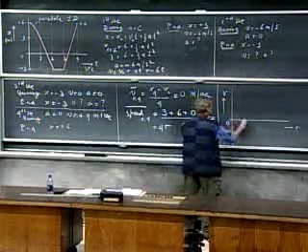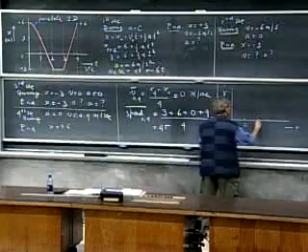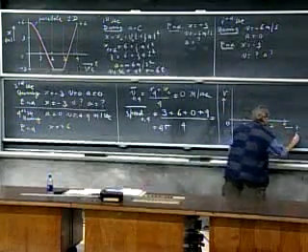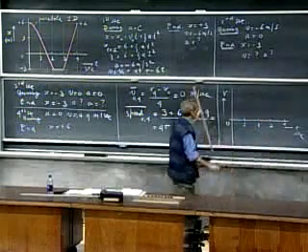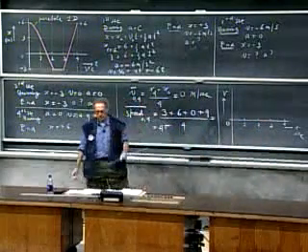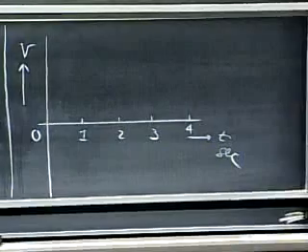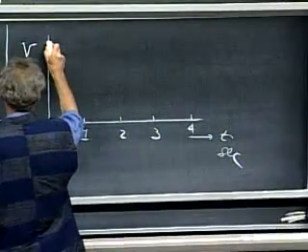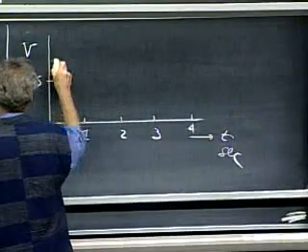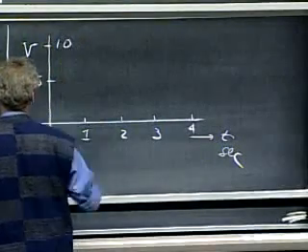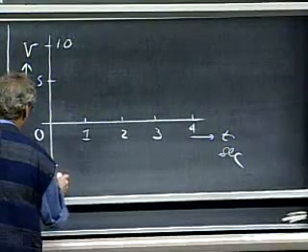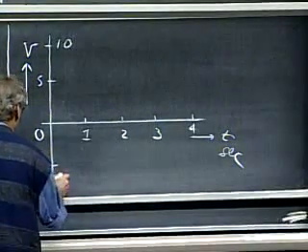This is 0. 1 second, 2 seconds, 3 seconds, 4 seconds. And this velocity is in meters per second. I go up here to +10, and here it's -5, here is -6.